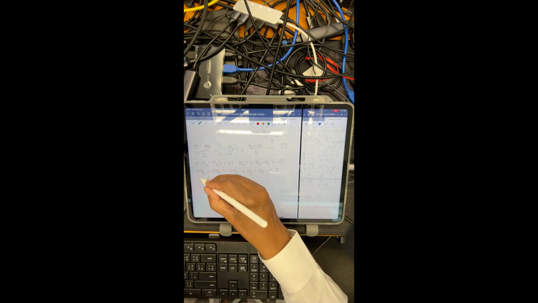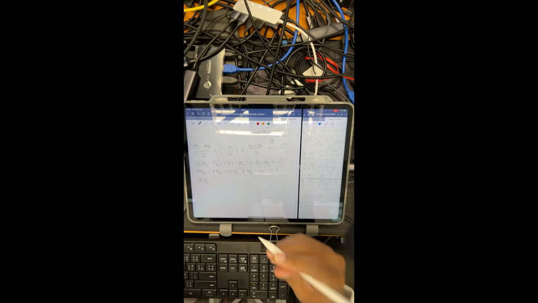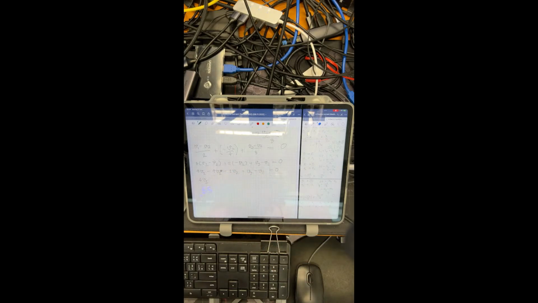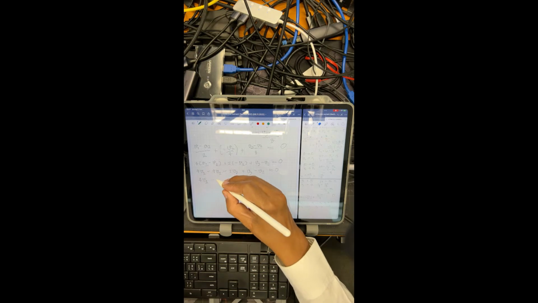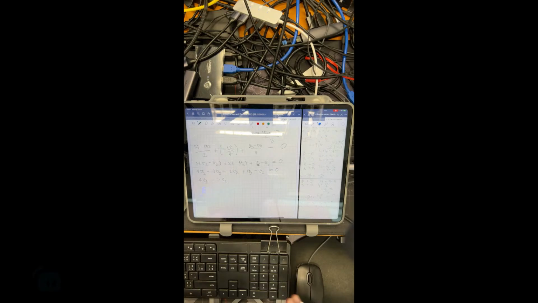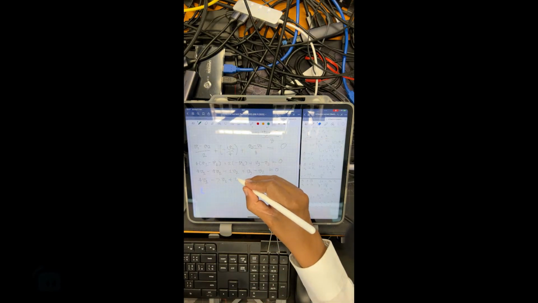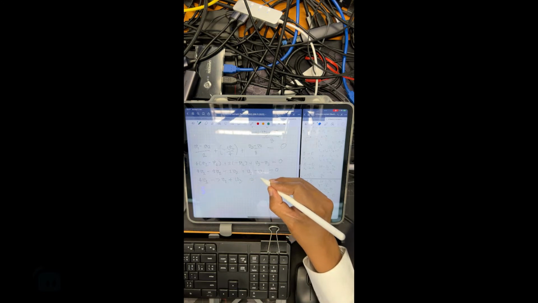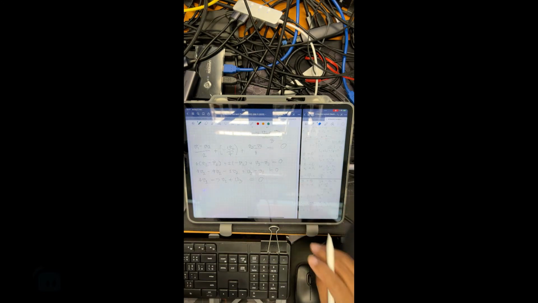For V2, we have 3 terms: -4, -2, and -1. What is that? It's -7 V2, right? And for V3, we have only a single term, plus V3. Equals 0 because there is no constant.